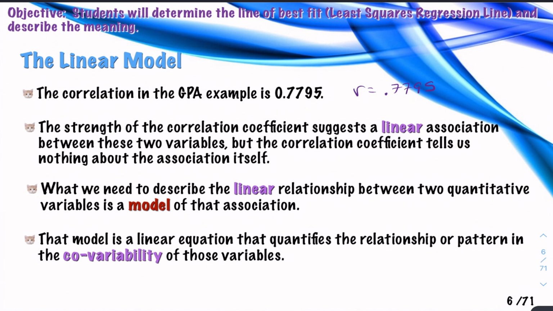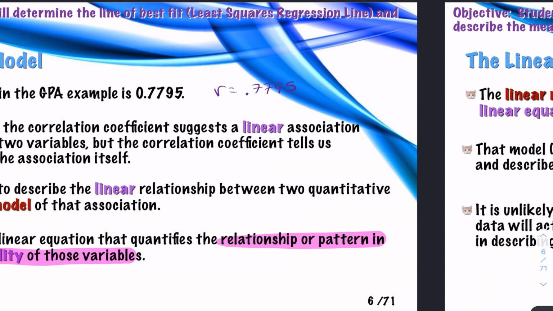What we need to describe the linear relationship between quantitative variables is a model of that association. And what we call that model is a linear equation that quantifies the relationship or pattern in the covariability of those variables. The model is the equation of the line that we fit to our scatter plot.